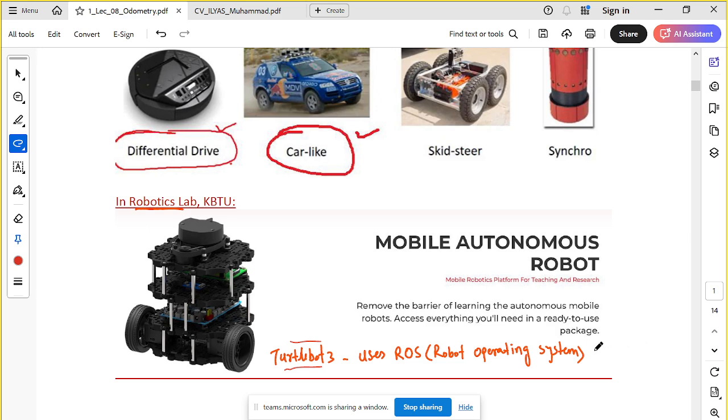Some of you may choose this for your final project. This mobile robot uses Robot Operating System as its software, and you can do your project based on this Robot-03 mobile robot.